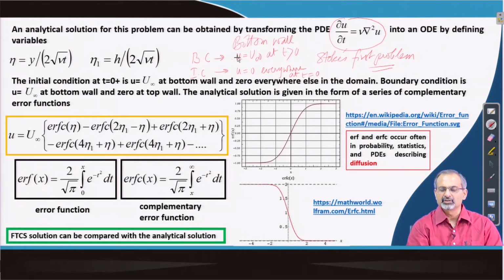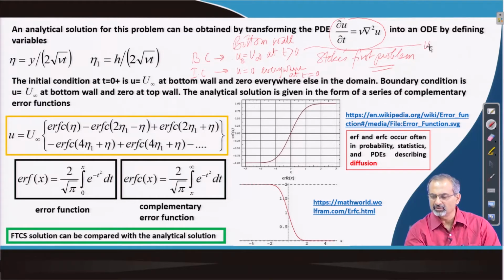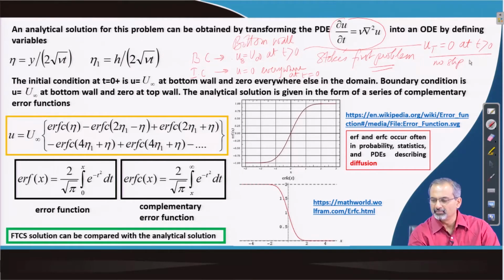Additionally, we have to impose the boundary condition on the upper wall. So, if we call this the bottom wall, then the boundary condition on the top wall would be that u top is equal to 0 at t greater than 0. That is what we call the no slip boundary condition.